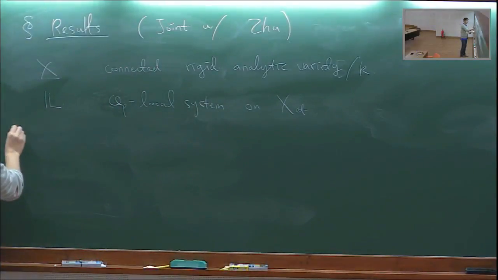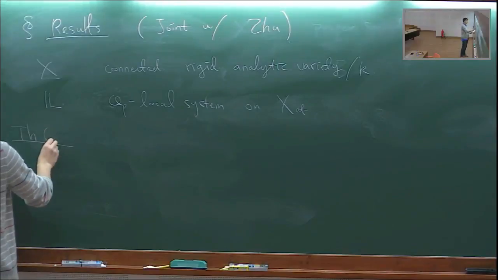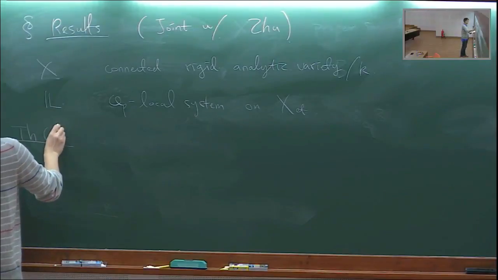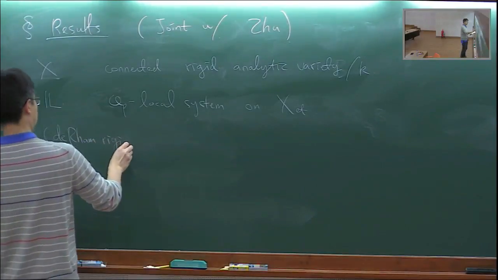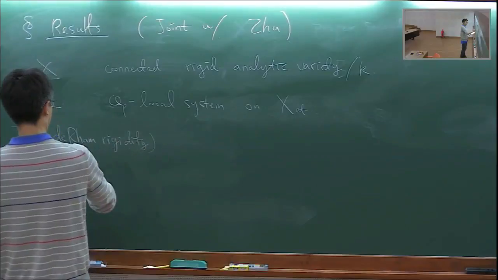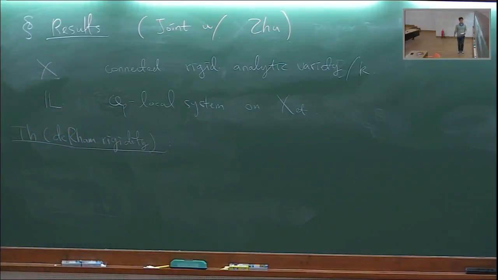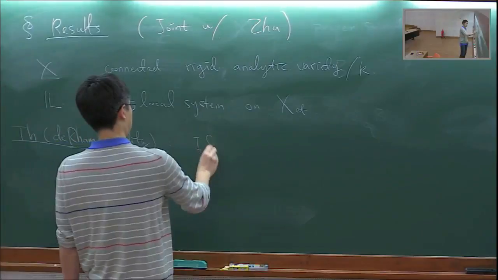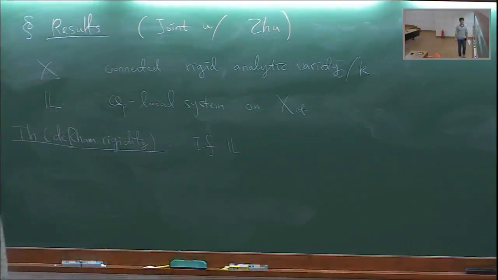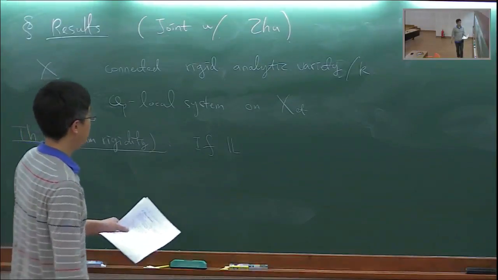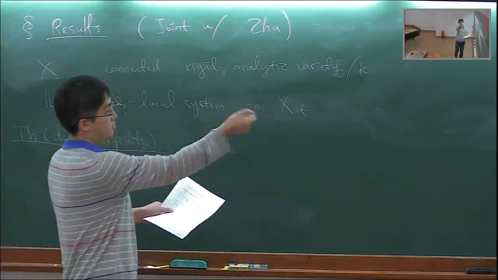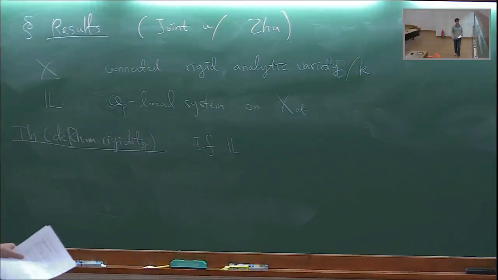Then the first result we call de Rham rigidity. If L is a local system, it is de Rham at one point, because at one point you specialize this local system and you actually get a representation of the Galois group of the residue field, which is a finite extension of K, so you get a p-adic representation.